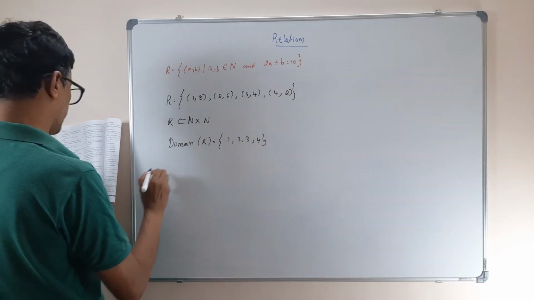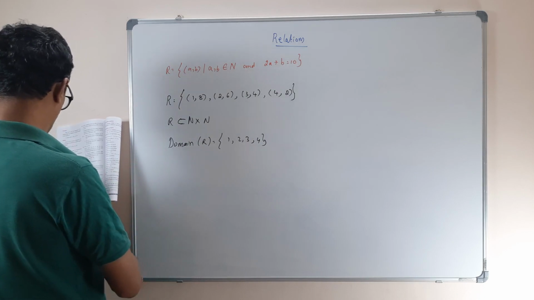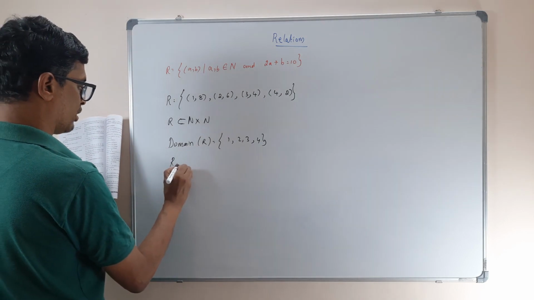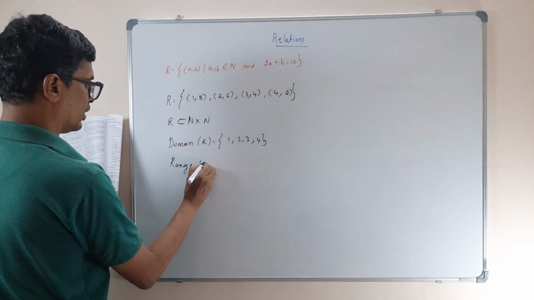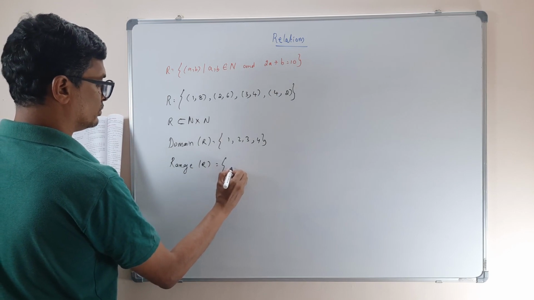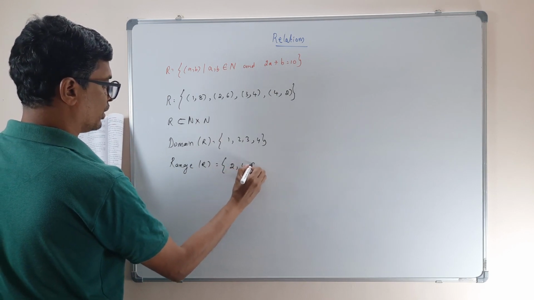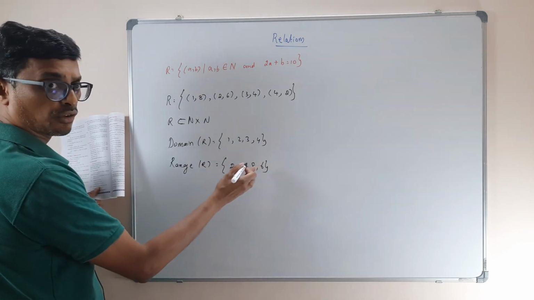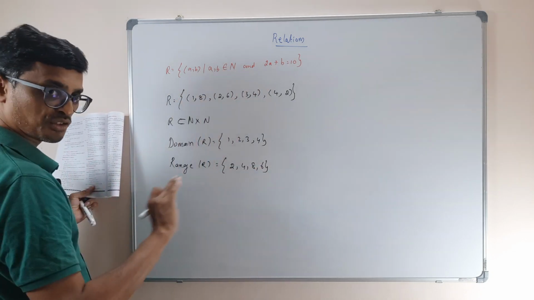What about the range of R? In the book they have written domain, and this is the range. Range of R is 2, 4, 6, 8. Anyway you can write it in any order, doesn't matter. 8, 6, 4, 2 is also correct.